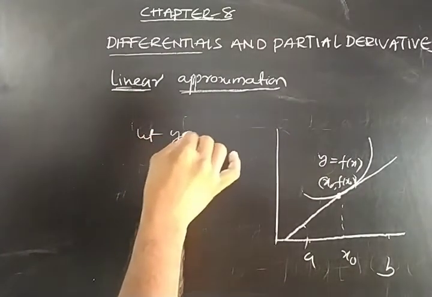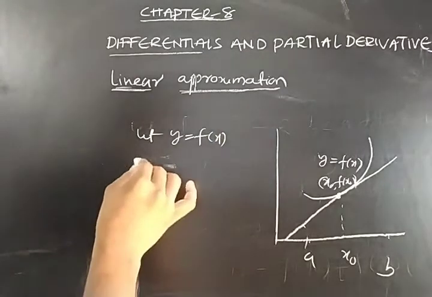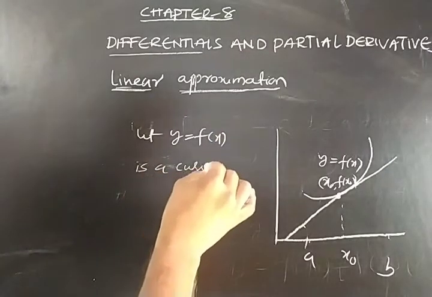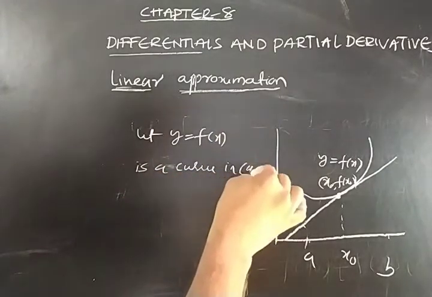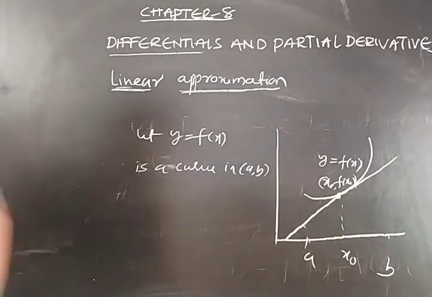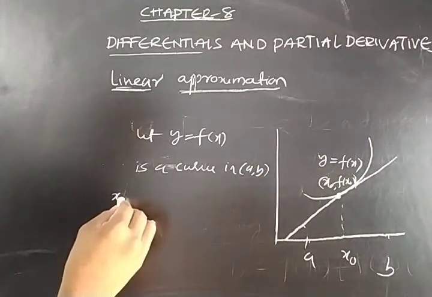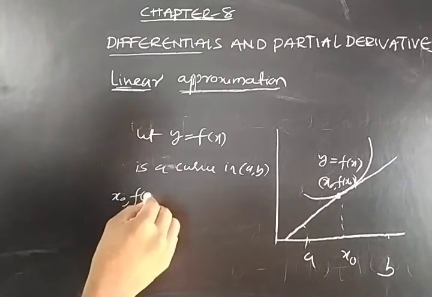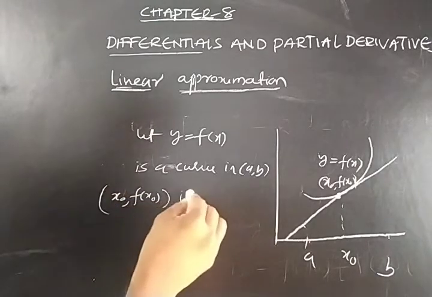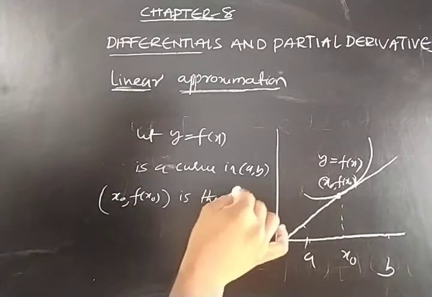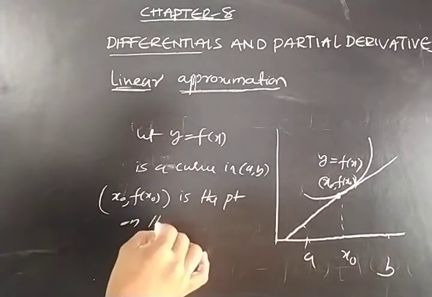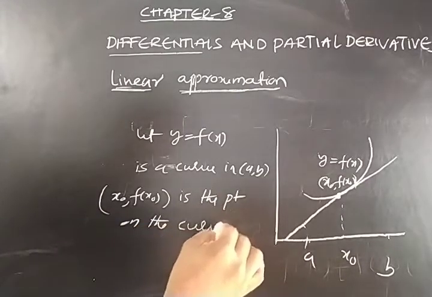Let y equal to f of x be a curve in the open interval a comma b. x naught comma f of x naught is a point on the curve.